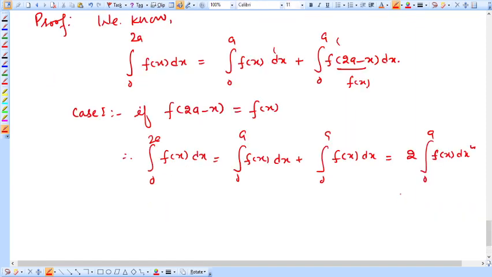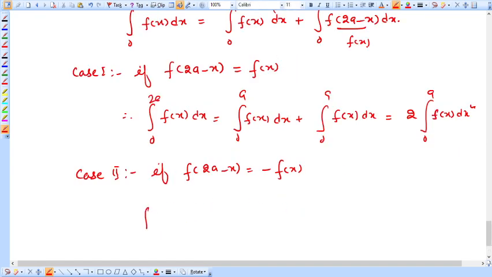Now in second case, case 2, if f of 2a minus x is equal to minus f of x, okay, so then integration 0 to 2a f of x dx is equal to 0 to a f of x dx. अब इसकी जगह कितना हो जाएगा, minus f of x.